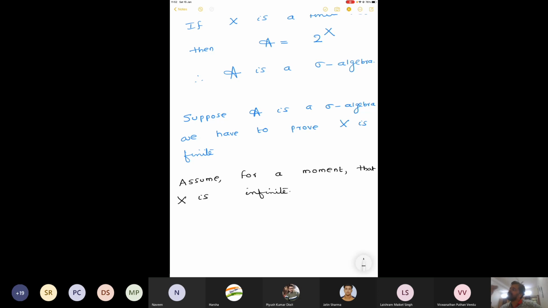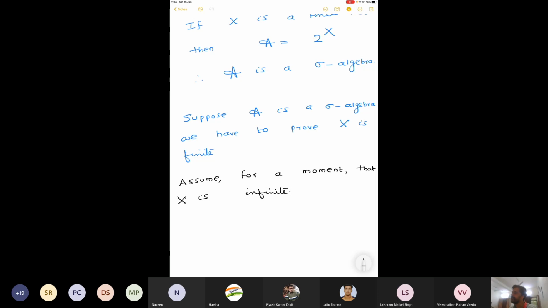So the union should be infinite, and the complement should also be infinite. Like that, I have to find a sequence of sets in script A. Is it clear? Yes, sir. So how do you do that? If it is clear, you should be able to tell how to proceed.